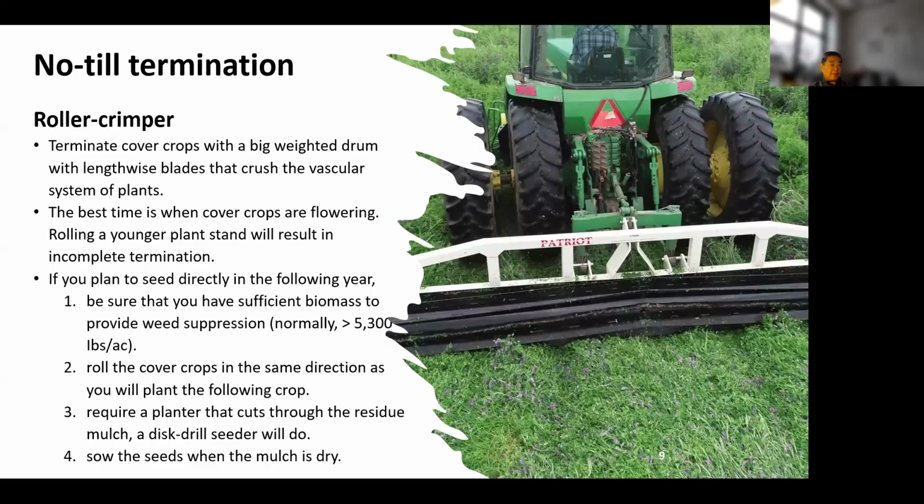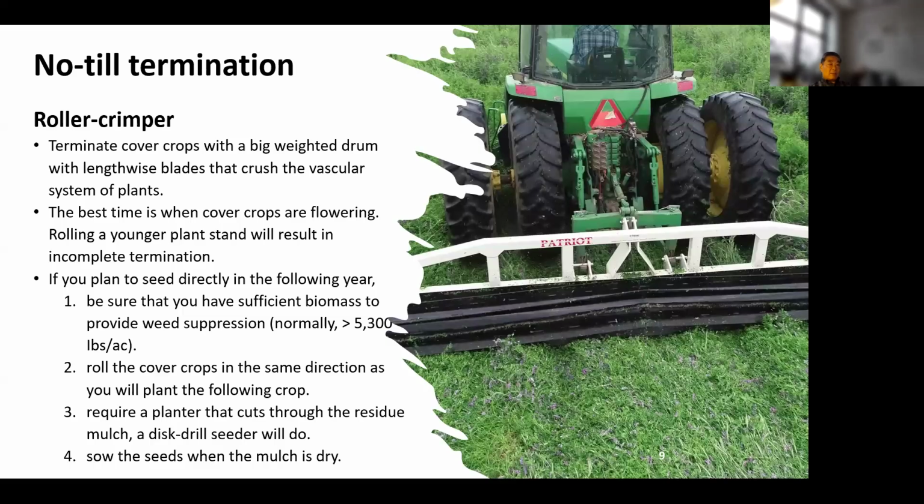That's a good standard. The best time is when the cover crop is flowering, whether it's legume or even cereal crops like wheat; the flowering stage is a good time to do the roller crimping.